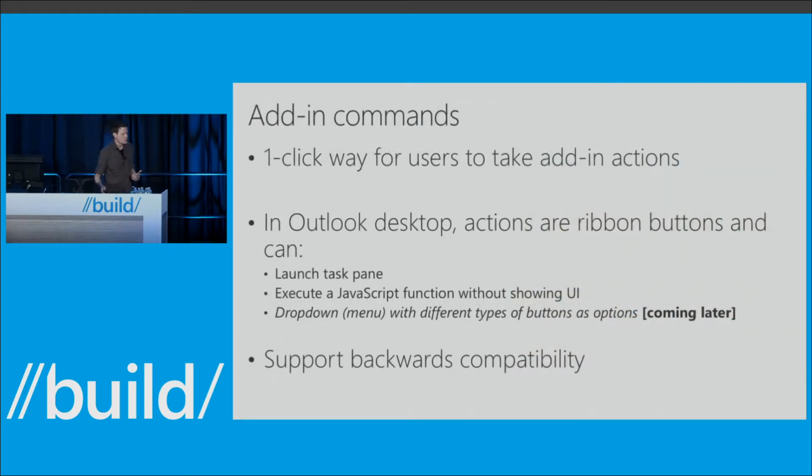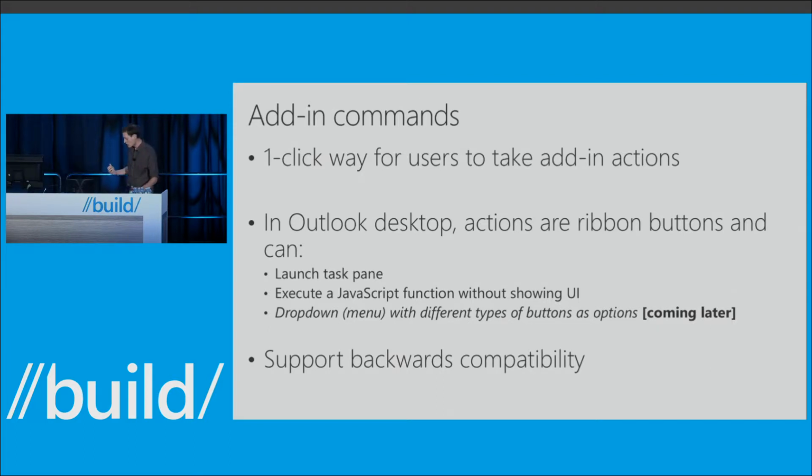And now the next feature, and this is the one that we're most excited to tell you guys about. This is the brand new stuff that we've been working on very hard for the past year, and this is the stuff that's coming to Outlook desktop first and then coming to the web right after that, and also to mobile and everywhere else. It's this concept of add-in commands.